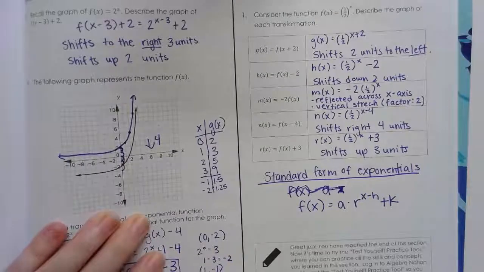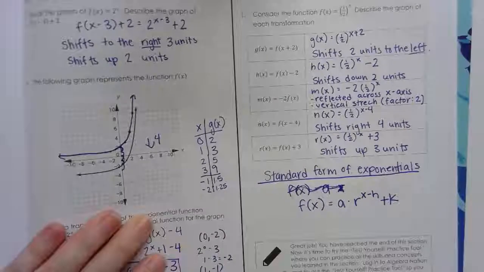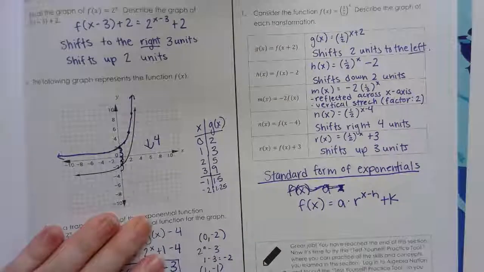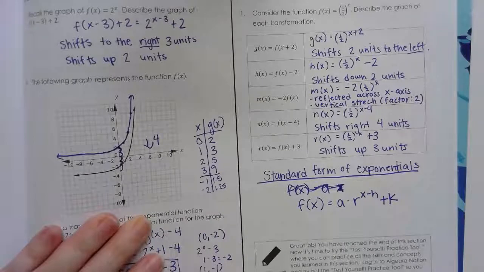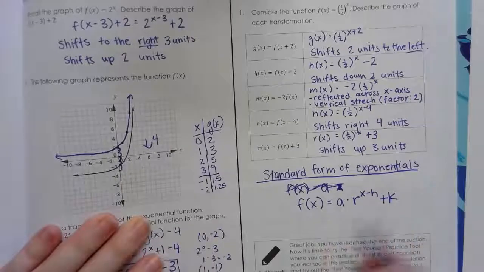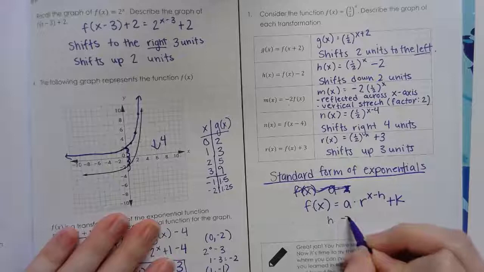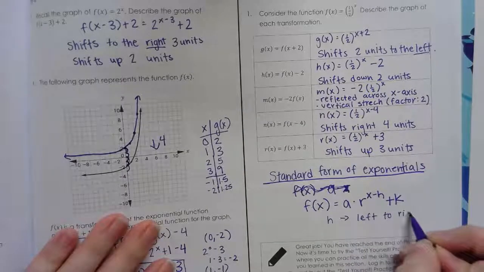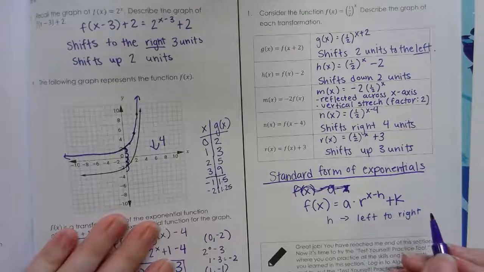So before we had this idea of a vertex, and this was vertex form. Very similar here. It's kind of your turning point. It's that point right above the asymptote. So for this, h moves us left to right. Okay, but it's the opposite.